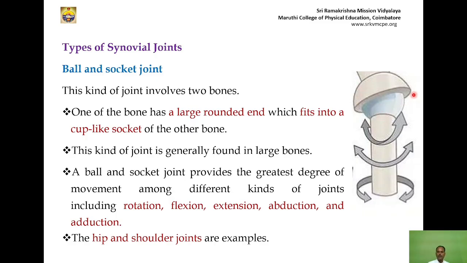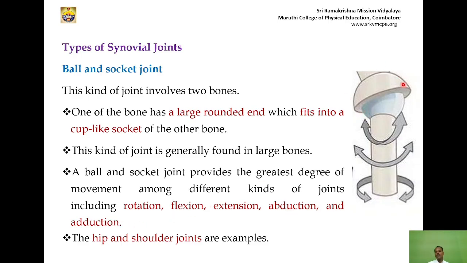Here, some movements are possible. This kind of joint is generally found in large bones. The ball and socket joint provides the greatest degree of movement among different kinds of joints. Through this joint we can rotate, flex, extend, abduct and adduct.